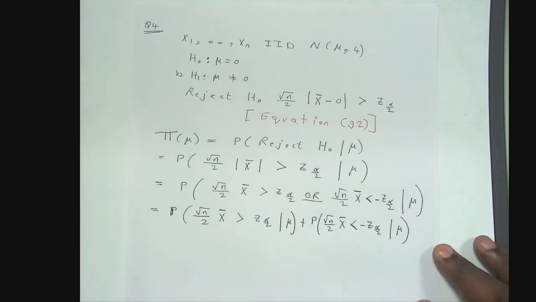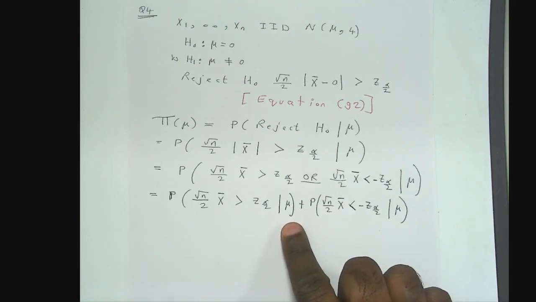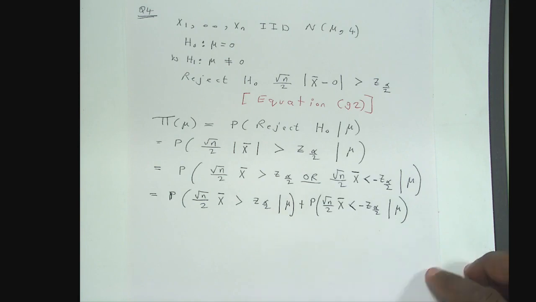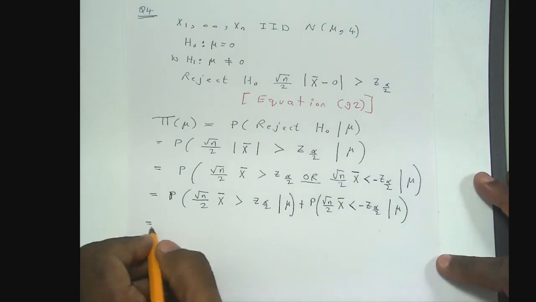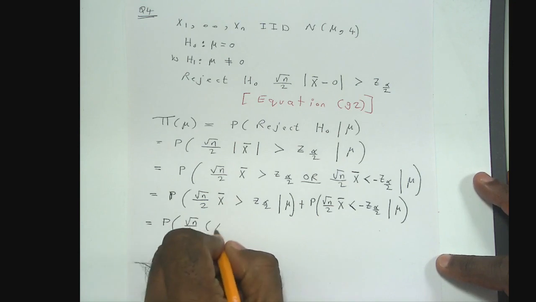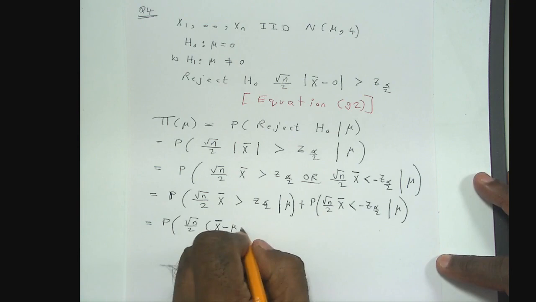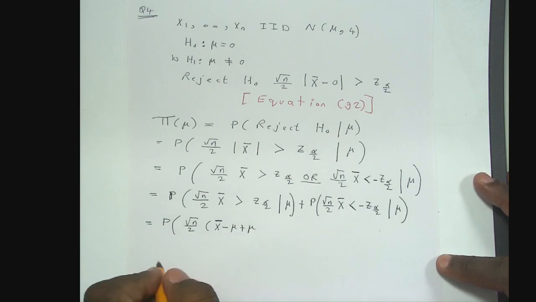Right. The next thing to do is you must realize that we are conditioning on the fact that the true population mean is equal to mu. So in order to use the standardization, you're going to subtract a mu here, and therefore we need to add a mu.